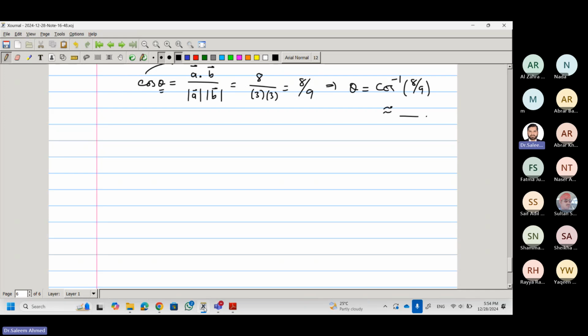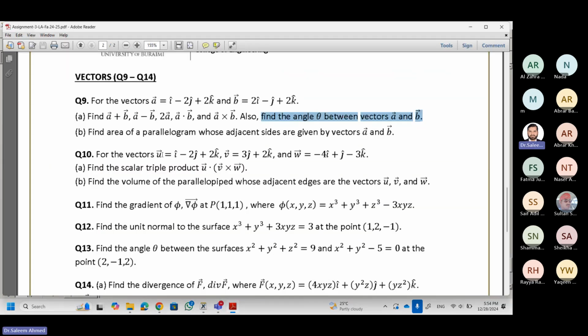The cross product also gives you the area of the parallelogram.